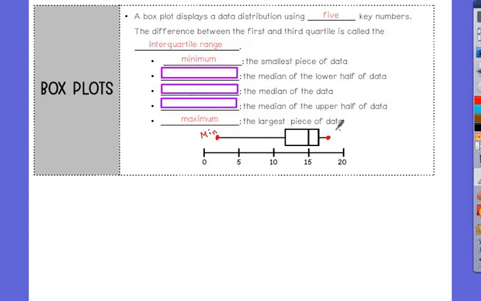That's my min. That's my max. The next piece of data that I like to find is this middle one, the median of the data. Well, that's just your median. And that is here, your median.